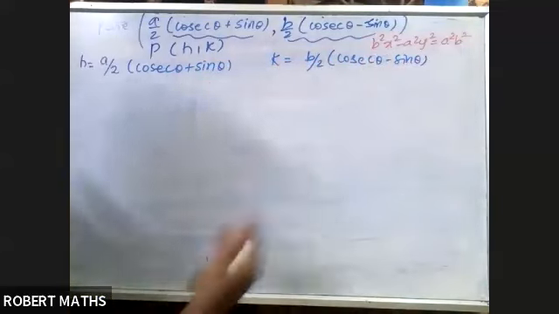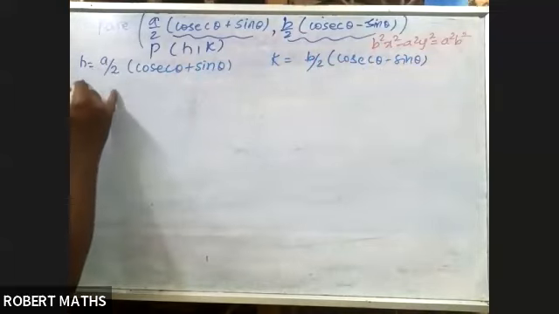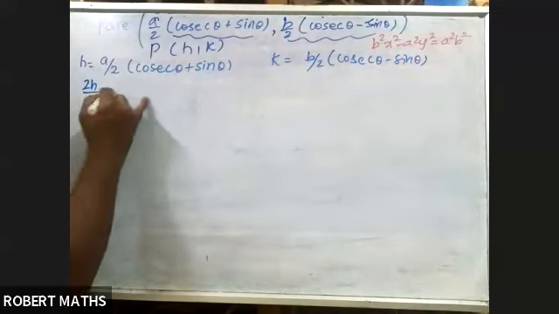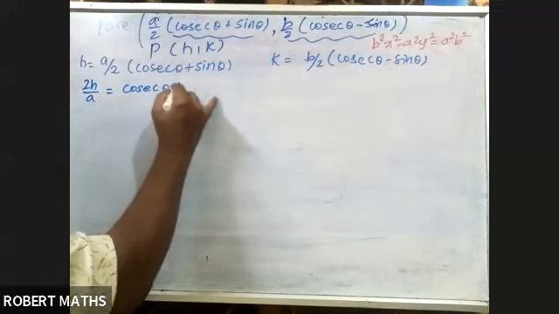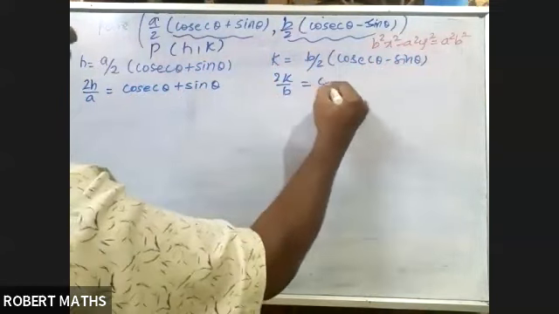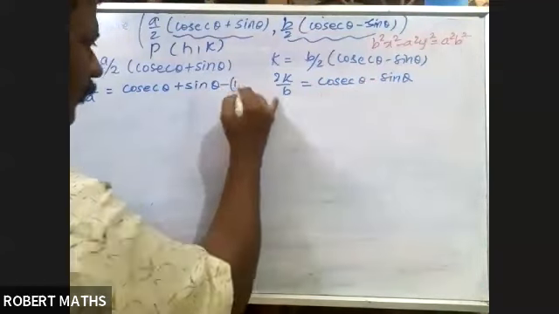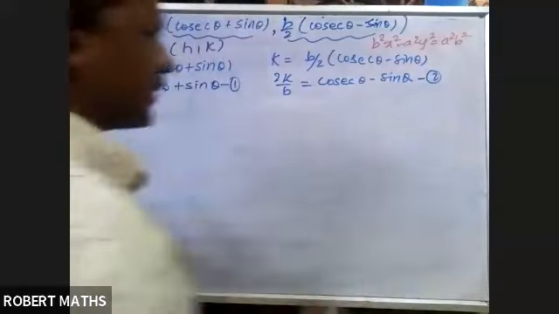Now we are going to take the relation from trigonometry. Moving a by 2 across, 2h by a is equal to cosecant theta plus sin theta. Similarly, 2k divided by b is equals to cosecant theta minus sin theta. This is your first equation. This is your second equation.